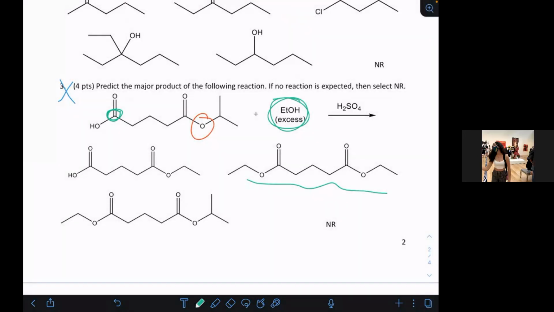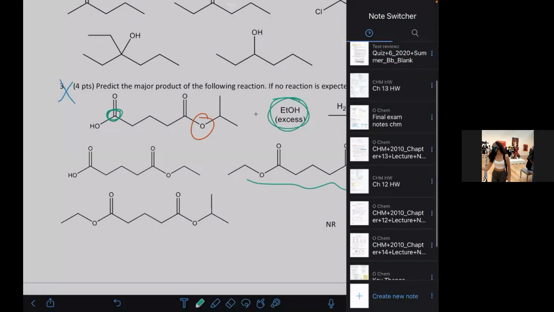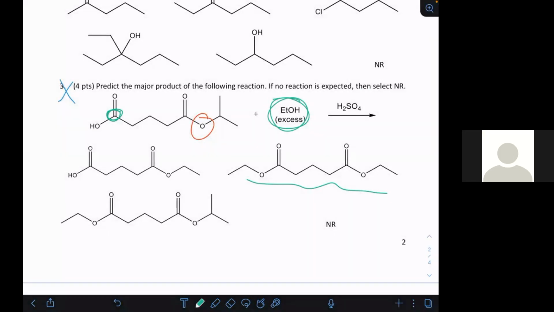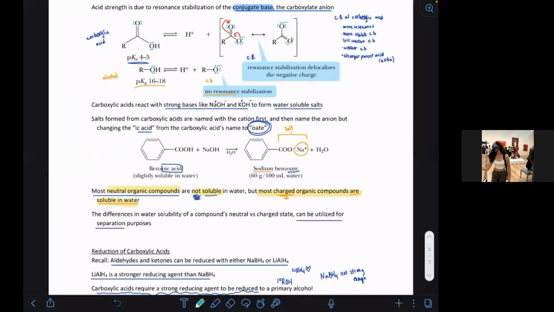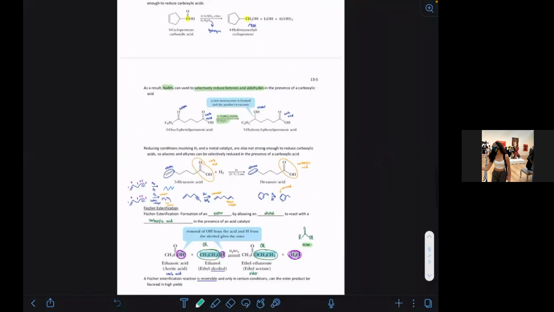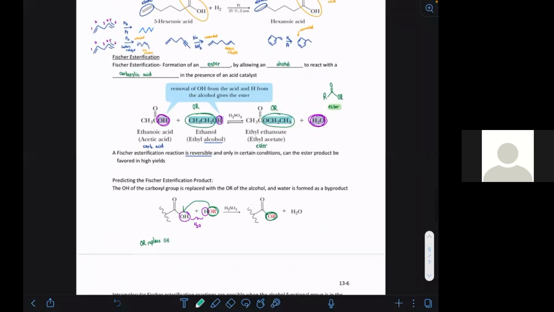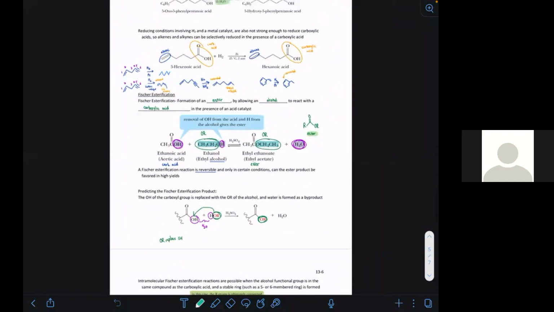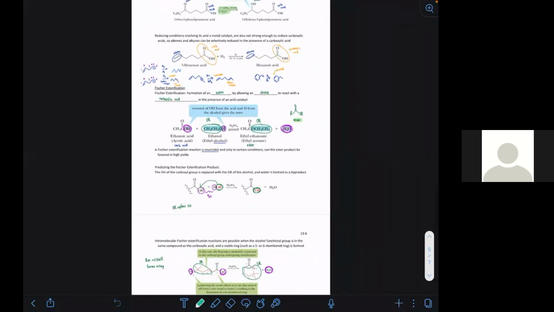So was this specifically in the lecture notes? In chapter 14. Oh, in chapter 14. But on the green side, that's in chapter 13. Oh, okay. So where is it? Do you know where it is in chapter 13? Page 5, 13.5. Oh, okay.